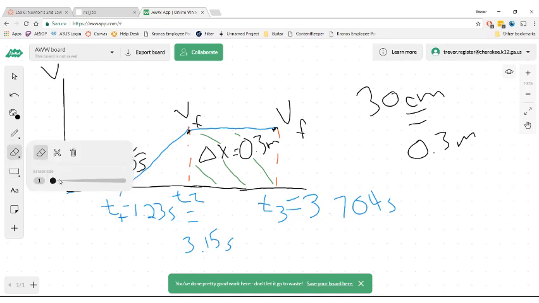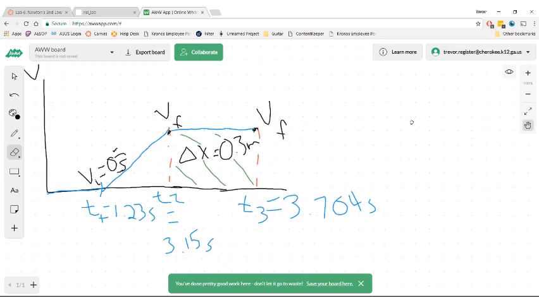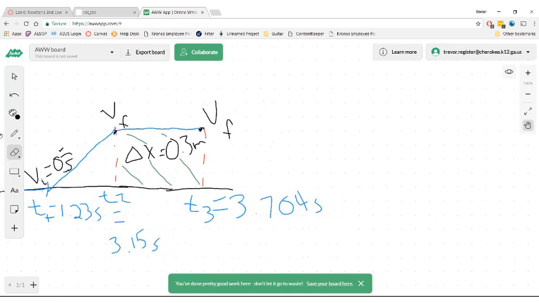So let's make some room over here. Scooch over. Now, I know that the area of a velocity graph is equal to delta x. And so if I look over here, this is a rectangle.